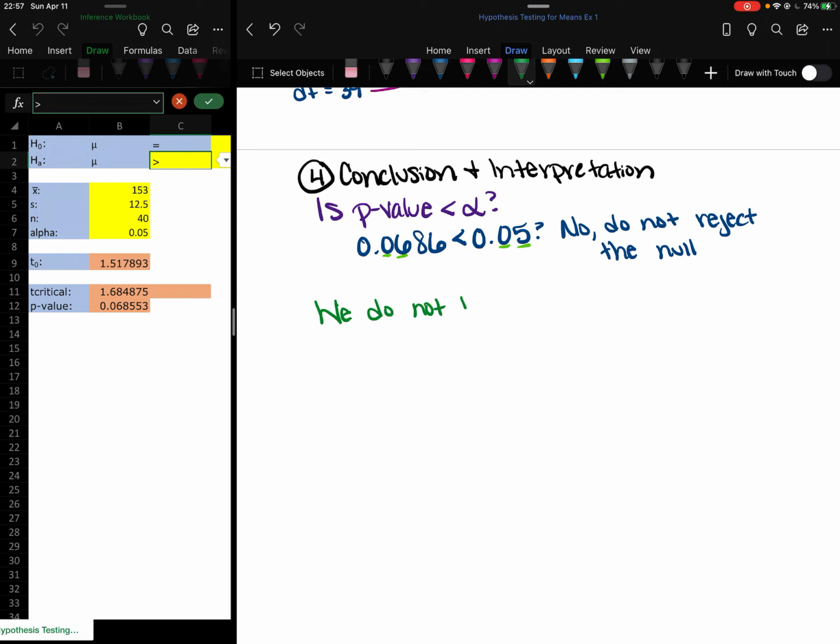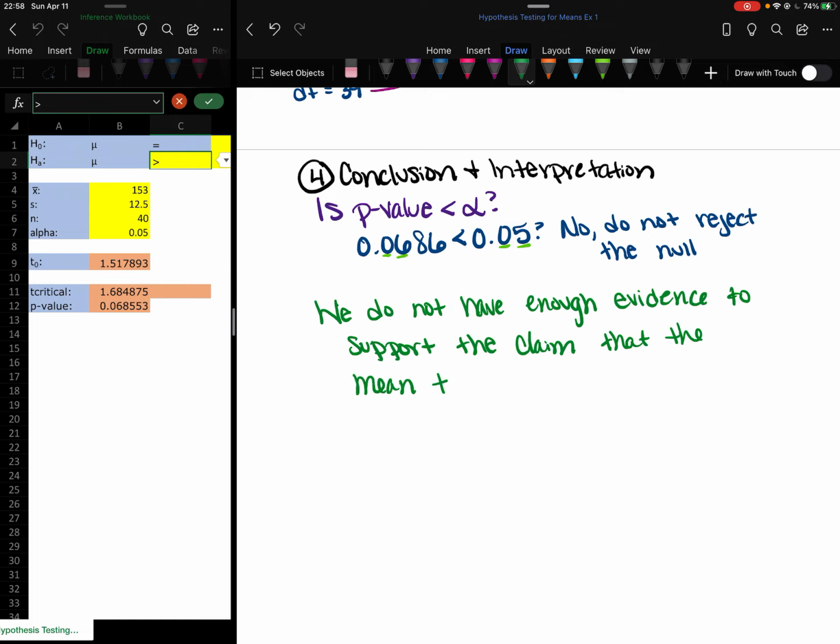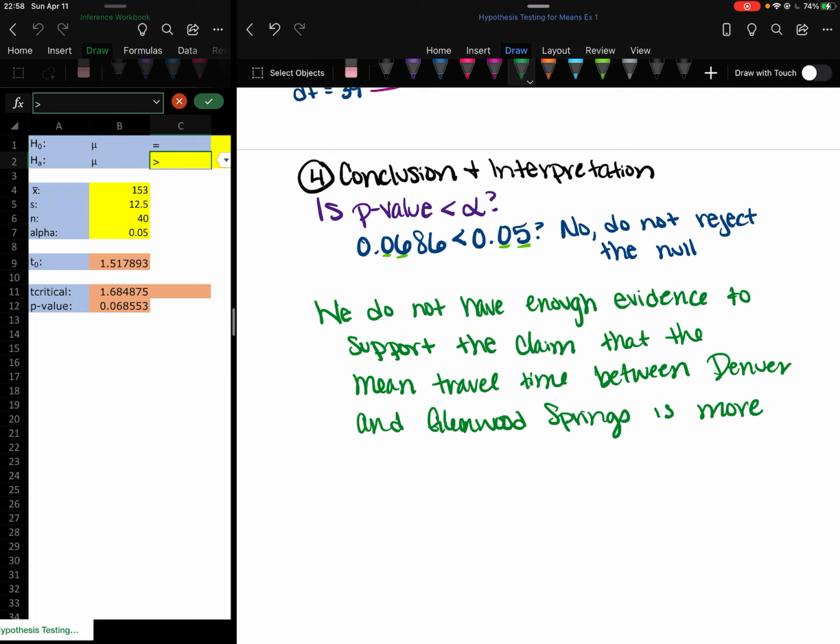We do not have enough evidence to support the claim that the mean travel time between Denver and Glenwood Springs is more than 150 minutes.